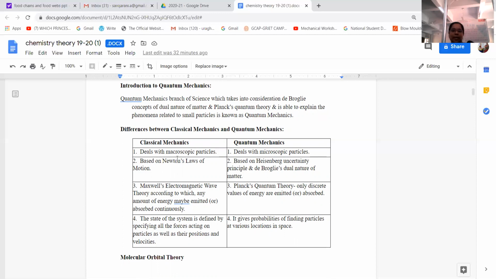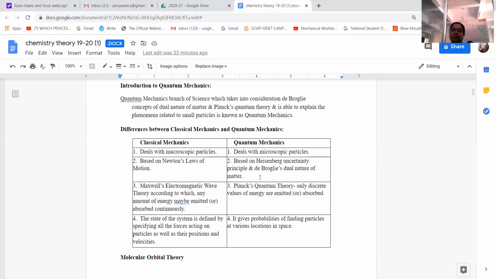What about classical mechanics? Here we will have the differences among them. Classical mechanics deals with macroscopic, meaning very large particles. Quantum mechanics deals with smaller microscopic particles. Classical is based on Newton's laws of motion; quantum is based on Heisenberg's uncertainty principle as well as de Broglie's particle nature.